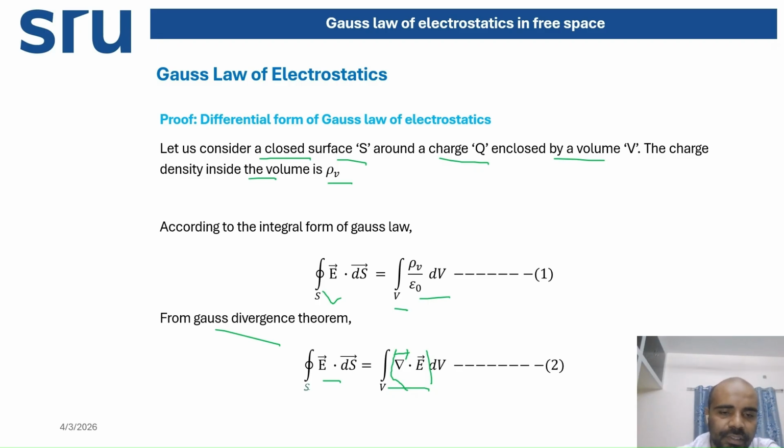The surface integration is converted into the volume integration. So the surface integral E dot dS is equal to the volume integral of divergence E dV. Now we will replace this part with the volume integration, that is divergence E dV. So move to the next slide.